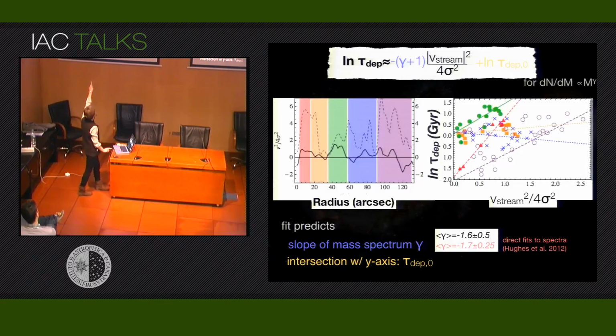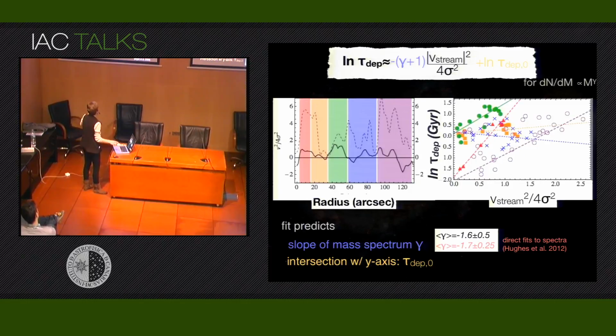Now, according to this expression at the top, the slope of each of these linear relations tells me something about the slope of the mass spectrum of the GMC. Don't worry about that too much. The intercept with the vertical axis tells me about a fiducial gas depletion time.